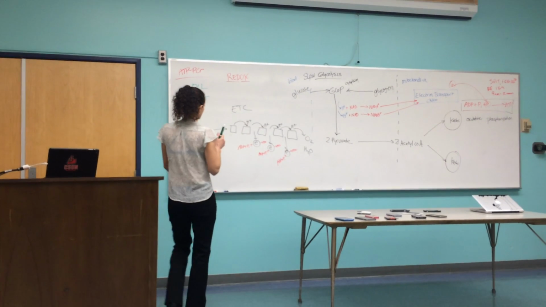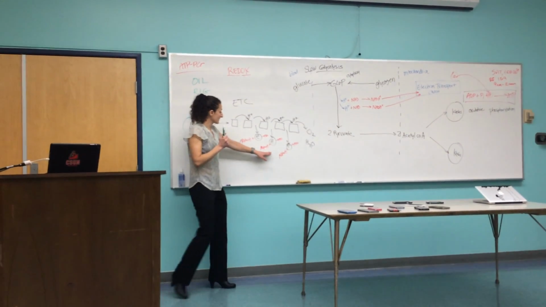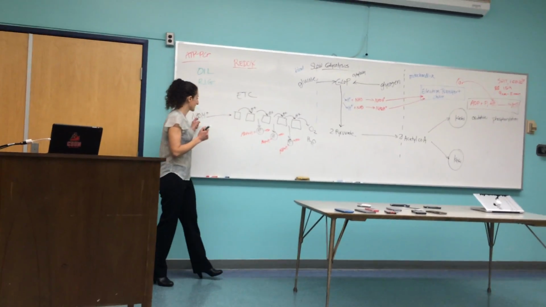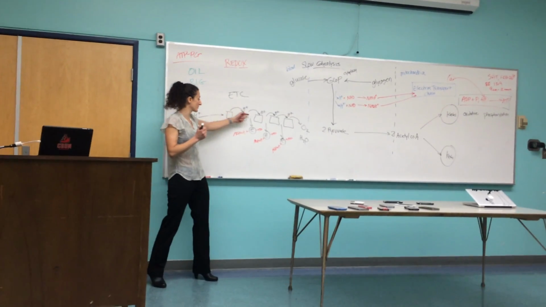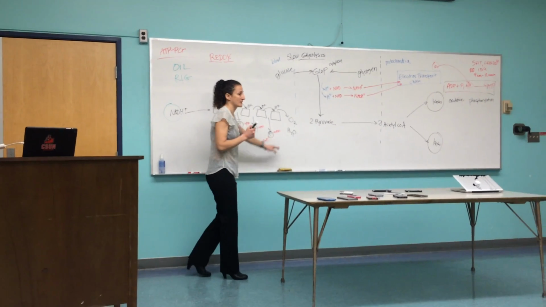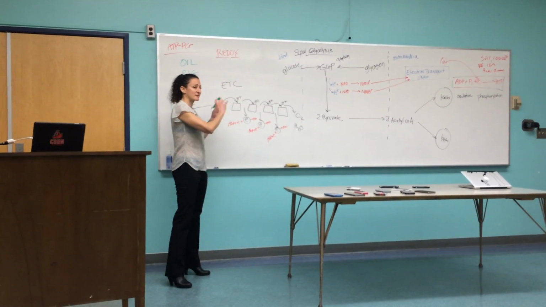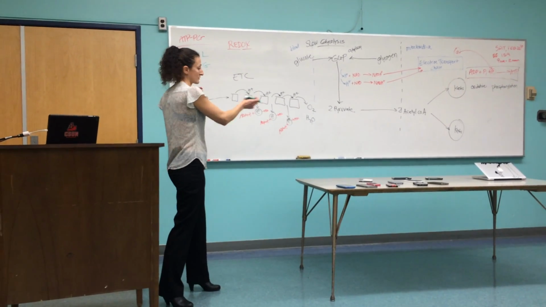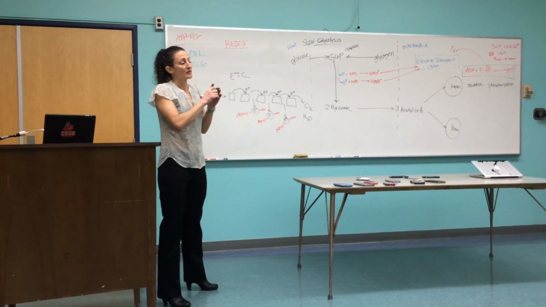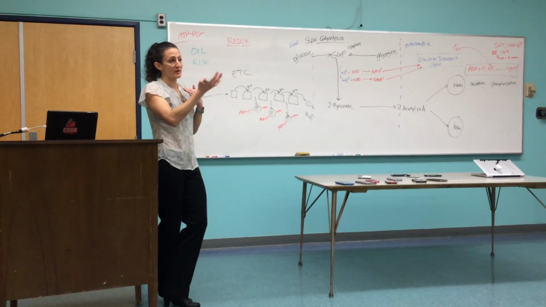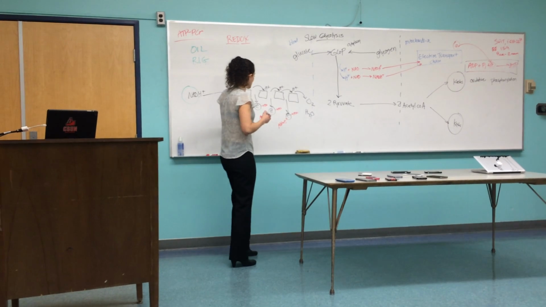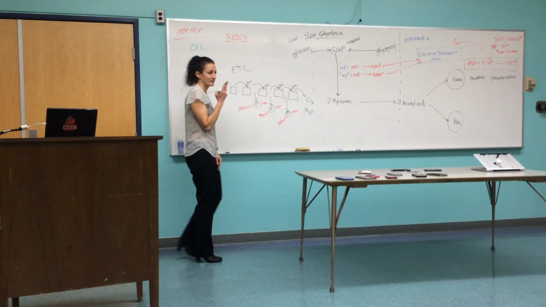Okay, so here's the deal. When we draw this, theoretically from one hydrogen and one electron coming through, we're creating 3 ATP. But there are other processes going on that are going to consume ATP as you're transporting things around here. So when you get into 446, it's not going to actually be 3 ATP from one NAD, it's going to be 2.5.